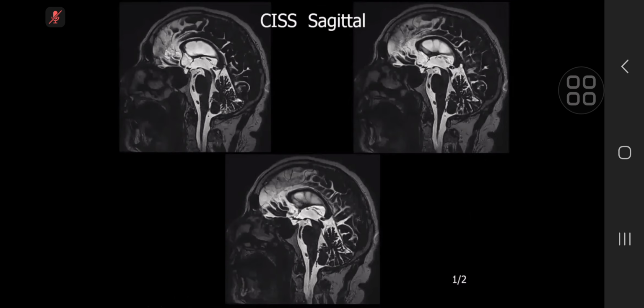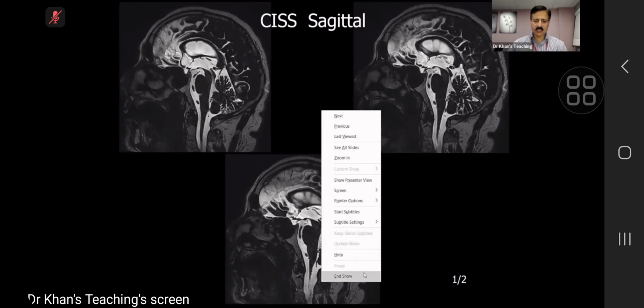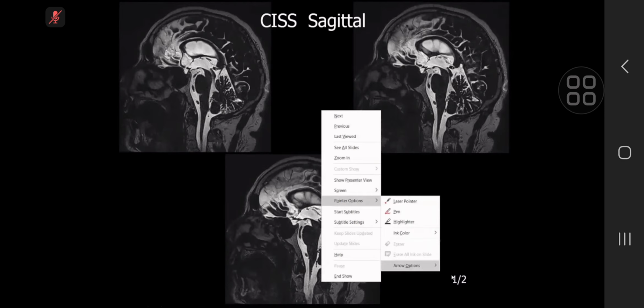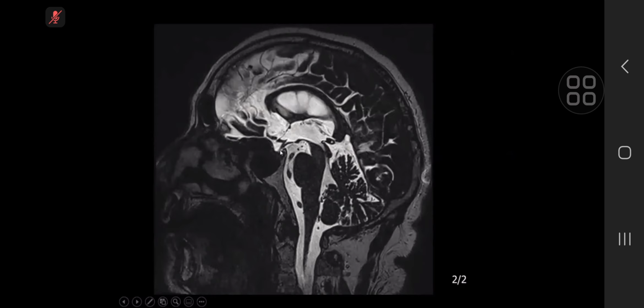That's fine. Okay, now I'm going to ask you anatomy questions. On this slice, this is a CISS sagittal sequence, and this is midline. This is the pituitary gland. So what is this? Let me go here.